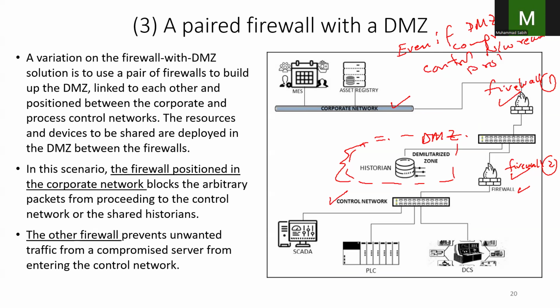And why? Because the rules for the first firewall and the second firewall can be quite different. More stringent requirements can be here. So this dual firewall setup creates a more secure and isolated DMZ zone, and it is ideal for hosting shared devices safely.